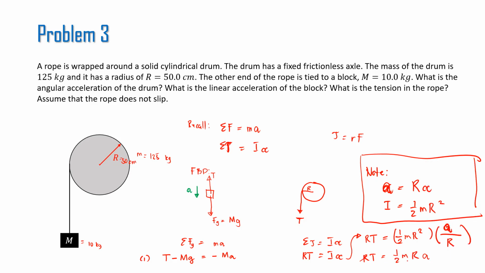We can cancel further this R here. So we can actually get T, which is equal to 1/2 ma. So this is our second equation.